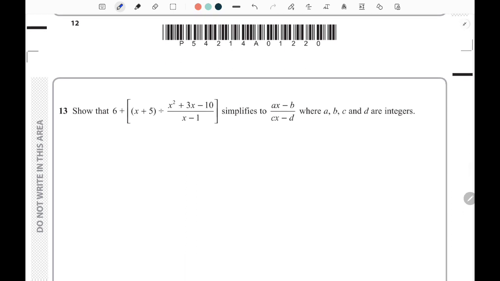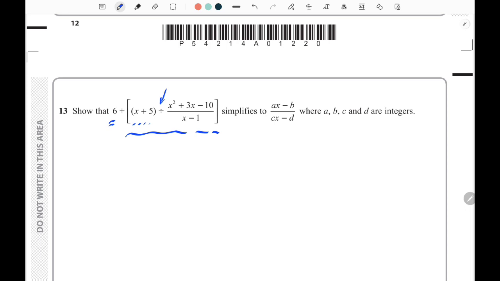We're going to break this down one step at a time. We're going to ignore the 6 for a minute and tackle what's inside the square brackets. What you have here is x plus 5 divided by an algebraic fraction. It doesn't matter whether it's algebraic or any other form.